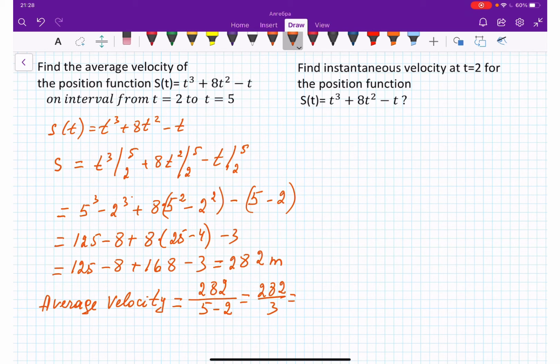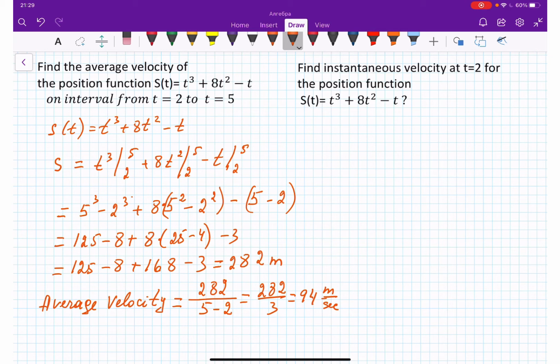And we are getting an average of 94 meters per second. The more proper way to write it is meters over second. Okay, 94 meters over second.